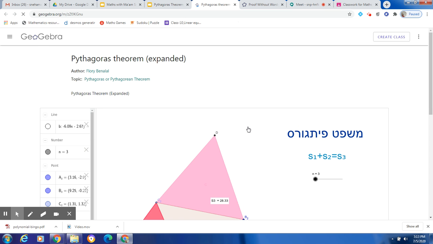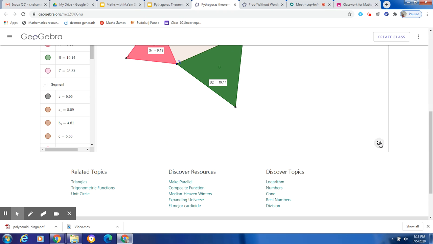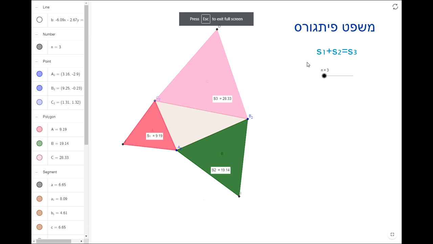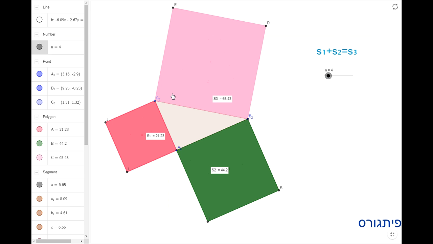There's an extension of this proof also that we can study, and this is a very beautiful visual proof that we have. Now see, this actually holds true in the form of the areas of all regular polygons. Here we have seen these two pink squares add up to give the green square, and their areas are numerically mentioned over here: 21.23, 44.23, 65.43.